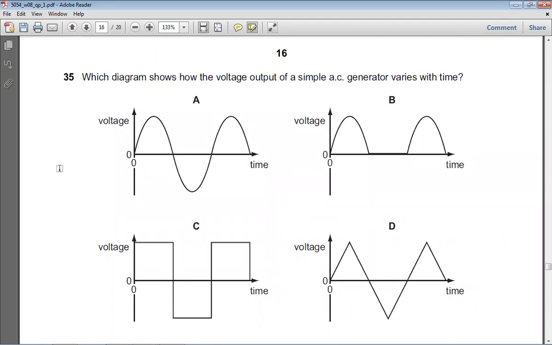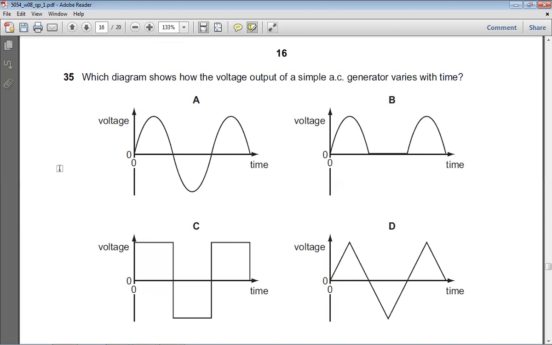The diagram shows how the voltage output of a simple generator varies with the time. You see, it's a very simple question. The AC generator produces alternating current, and the shape of the graph is always a sinusoidal wave, like a water wave. It goes above the time axis, and it also goes below the time axis.